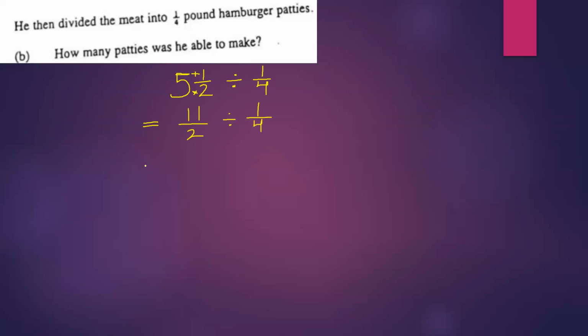It's going to be equal to 11 over 2 multiplied by, and then we flip it, 4 over 1. What is 11 times 4? 44. And 2 times 1 is 2.